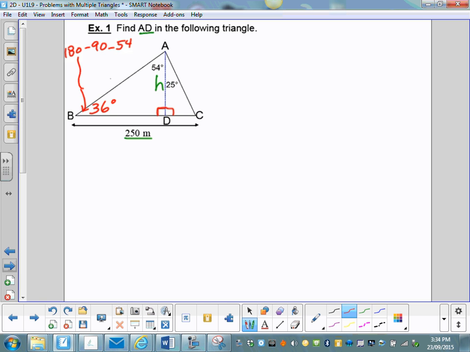We can also find this angle over here. So angle C is equal to 180 minus this 90 here minus the 25 degree angle at the top. So this angle in the corner here is equal to 65 degrees.